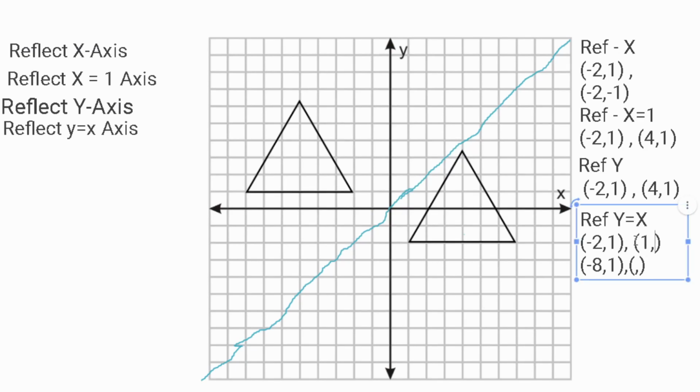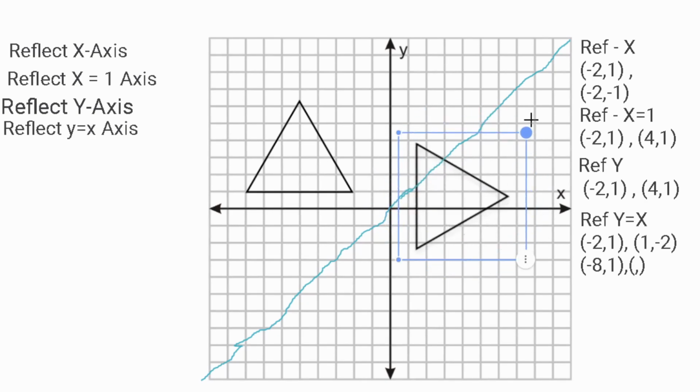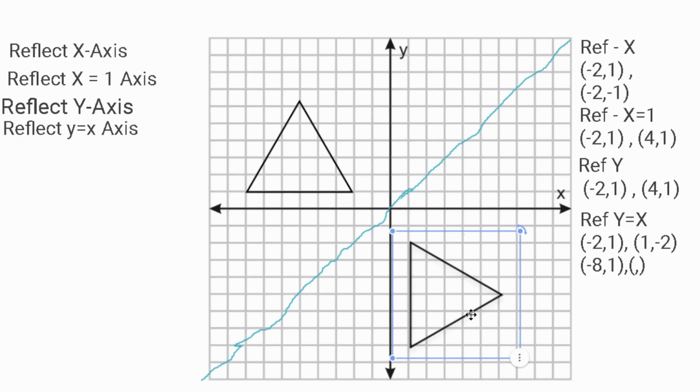So it's 1, -2. And then -8, 1, so then we're going to switch it to 1 over, 8 down. So now it's going to look like this. And you can see that if I folded over this line right here, you could just imagine that these two would flip onto each other.